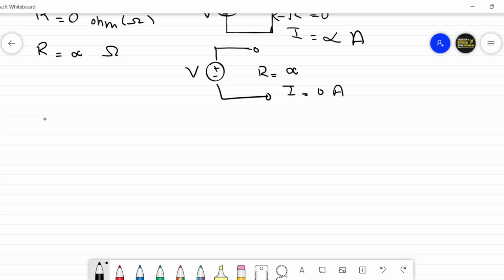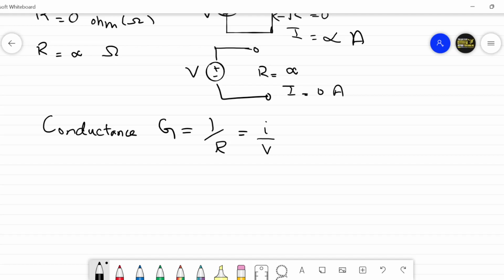The opposite of resistance is known as conductance. Conductance is denoted by the symbol G, and it is equal to 1 by R. So if R is equal to V by I, from Ohm's law, from the same equation we can say conductance is equal to I by V. It's actually a measure of the ability of the element to let current flow in a circuit.